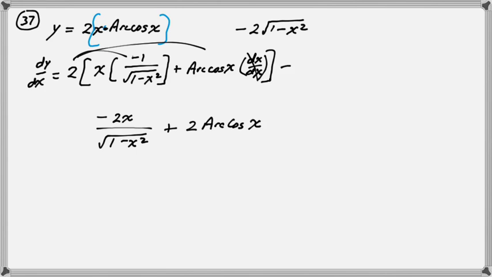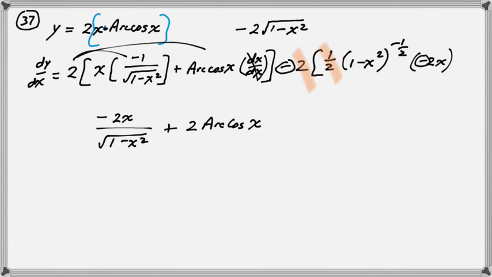I still have this thing out here, so I have to do the power base, 1 less power, derivative of base. I noticed that the 1/2 and the 2 could eliminate each other. A negative and a negative make it plus.